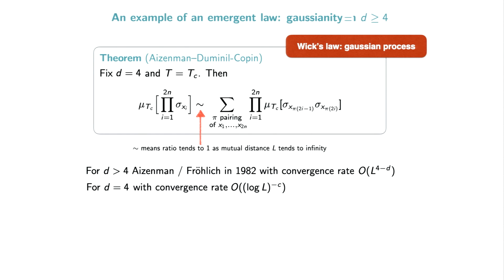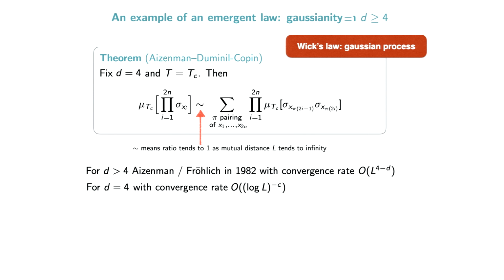So just to tell you a little bit of history, in dimension d larger than 4, this is an old result by my standards. Aizenman and Fröhlich independently in 1982 proved this, where the equivalent sign here is actually 1 plus big O of 1 over distance to the d minus 4, so a polynomial rate of decay.